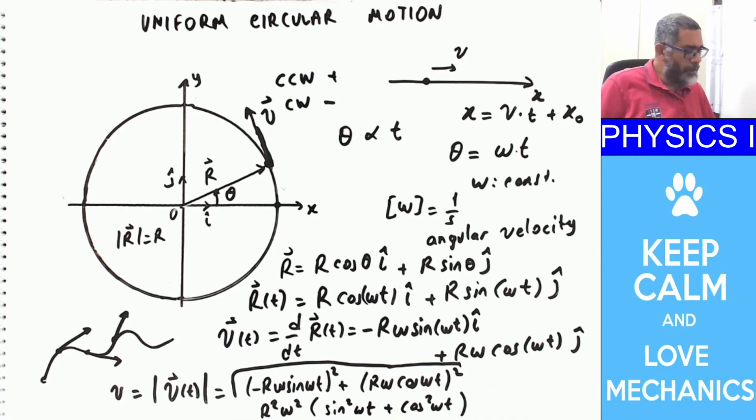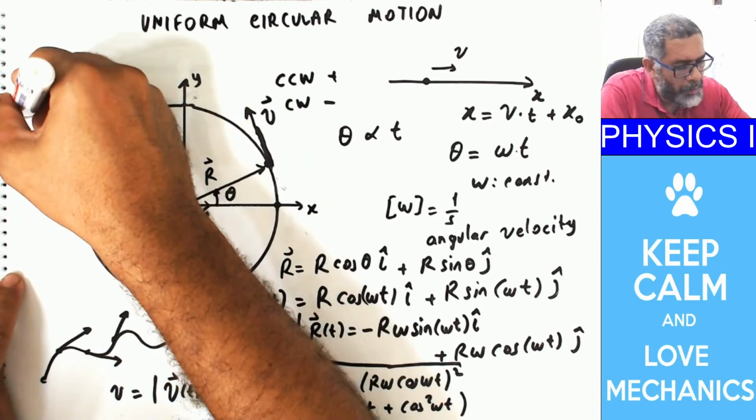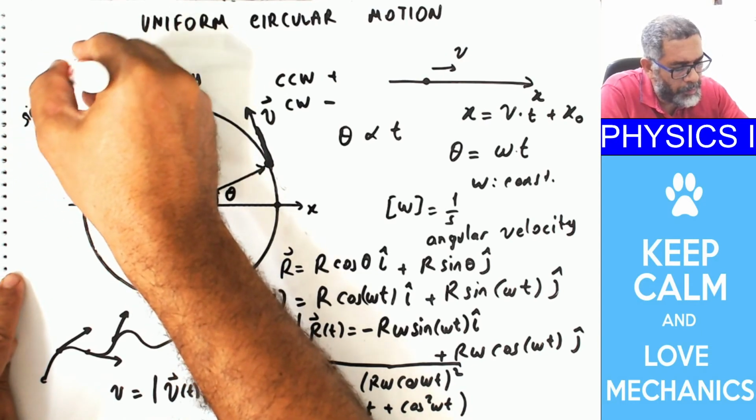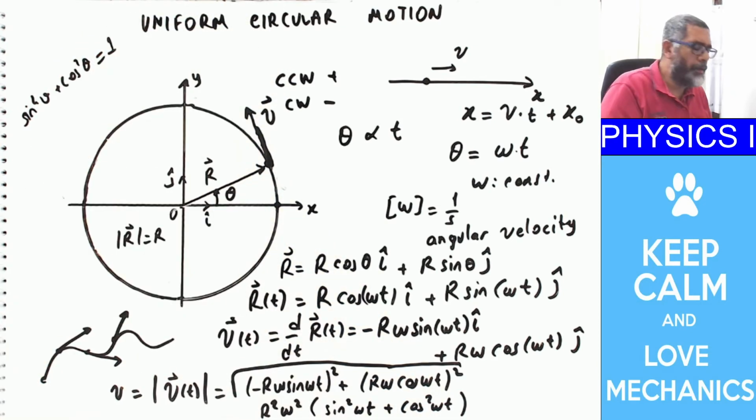But this trigonometric expression, sine squared plus cosine squared of the same argument, is nothing but 1, as we know from trigonometry. So inside the square root you only get r squared omega squared, which comes out of the square root as r times omega.